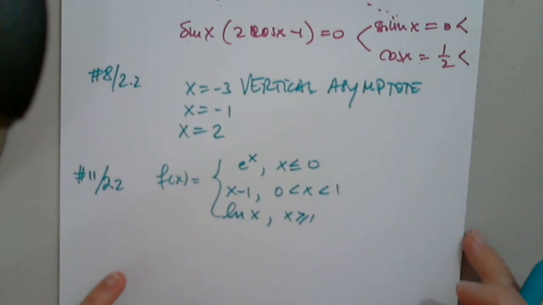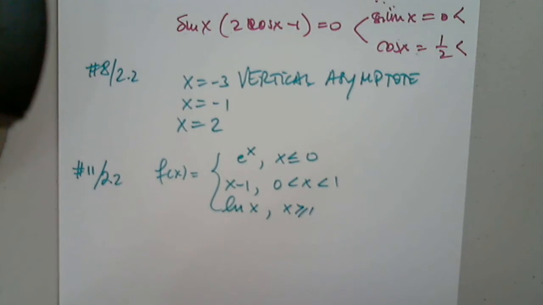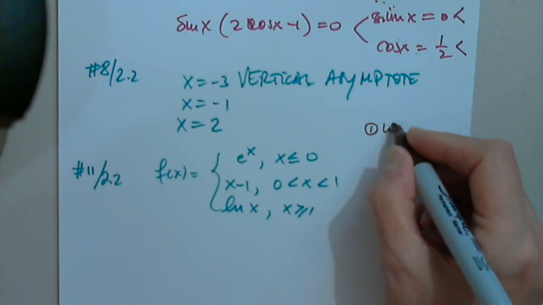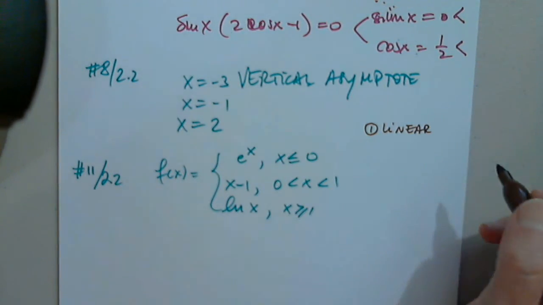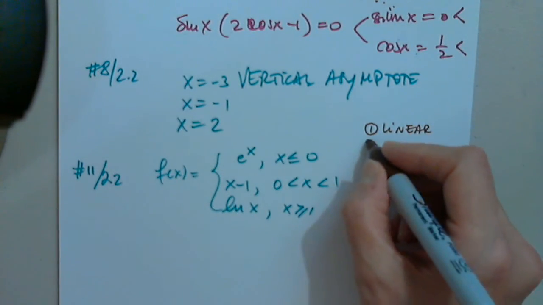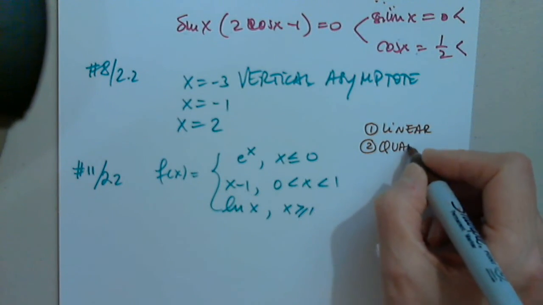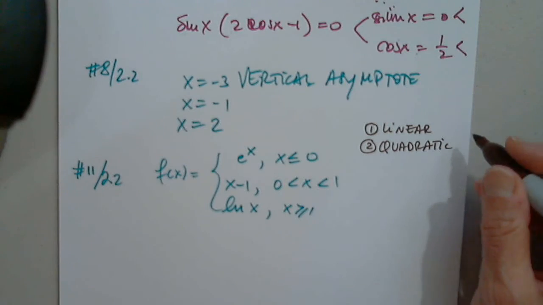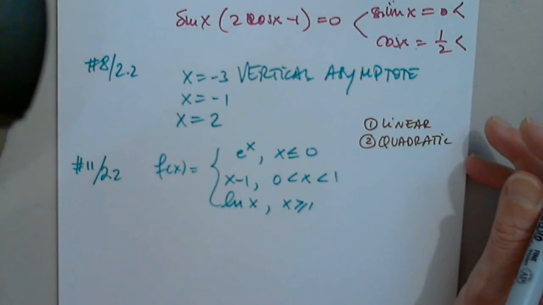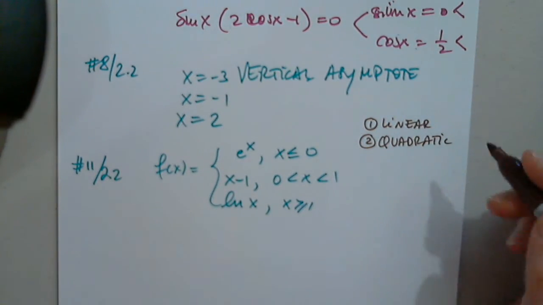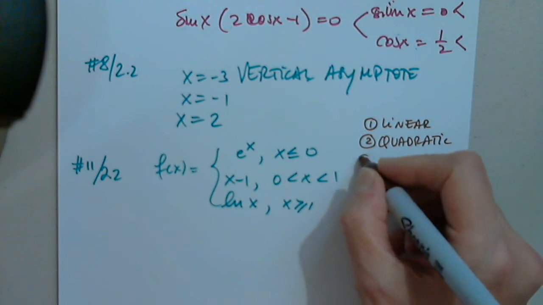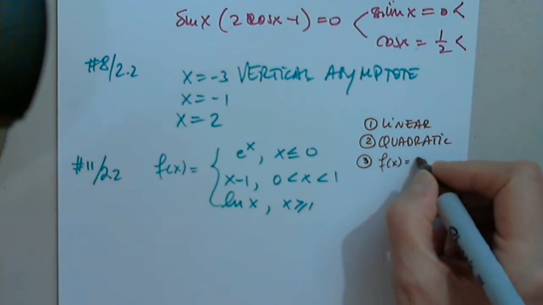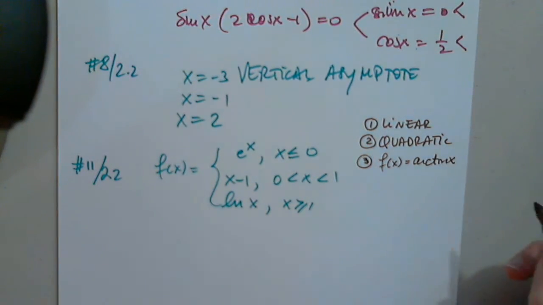Now, what we reviewed so far, let me just refresh your memory. So number one, we looked at linear, right? I don't want to talk about linear again unless we have to, of course. Number two, quadratic. Anyone has any difficulties with any of this, speak up. There is no problem. I can go back to any of that. The other function that we looked at and we graphed was f of x equals arc tangent x.